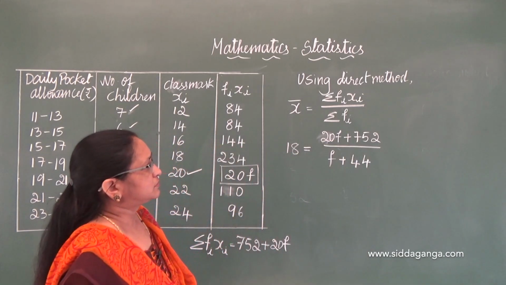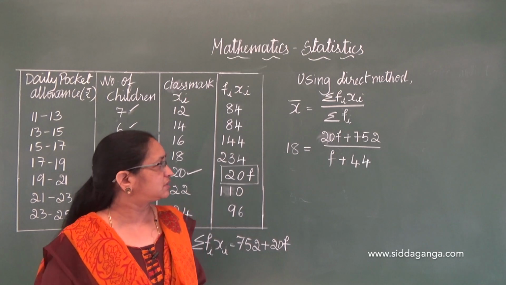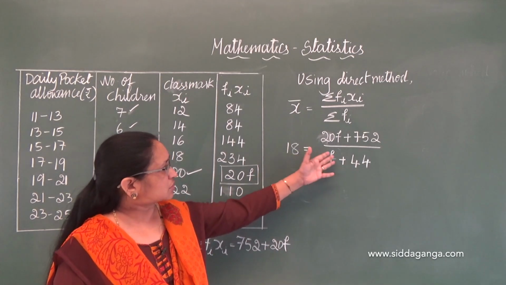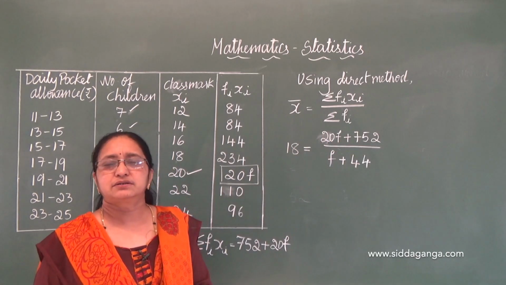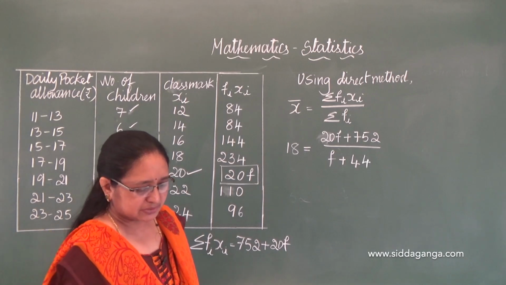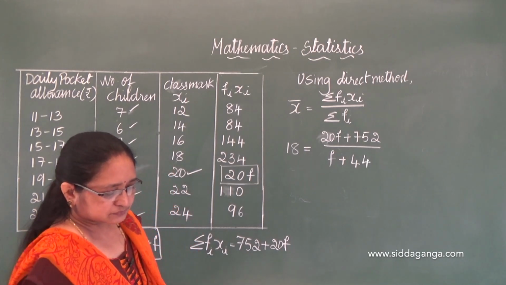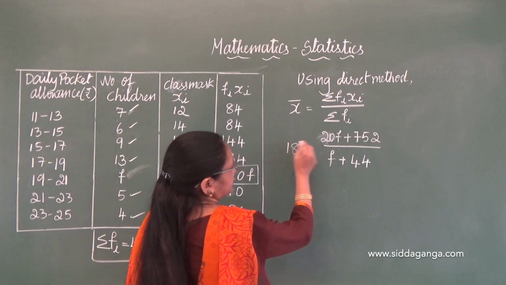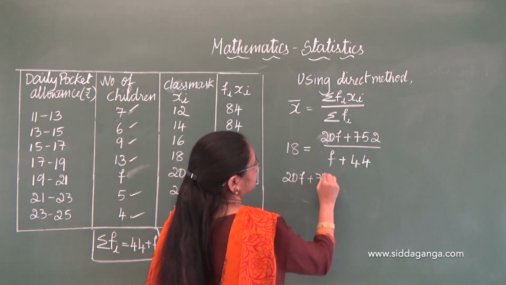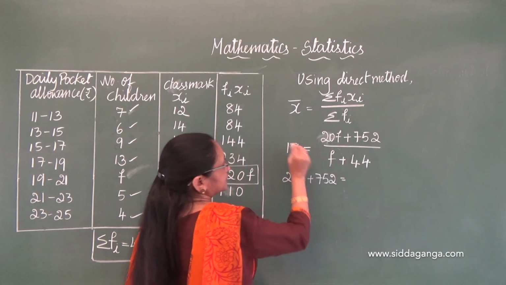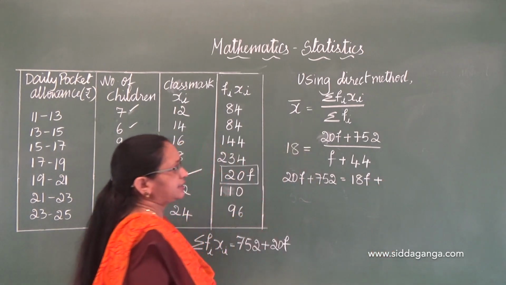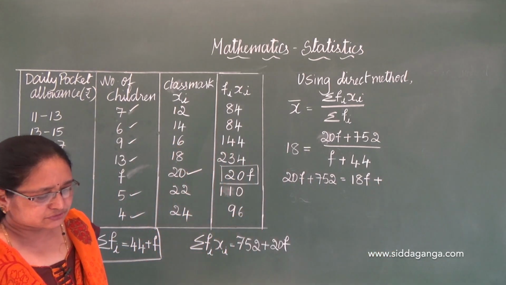Okay. Now, how to do the calculation now? How we can find out? See, when you simplify this by cross multiplying, you can find out F. Understood? So, let us cross multiply. Okay, 20F plus 752 is equal to 18F plus 18 into 44, we should do it.